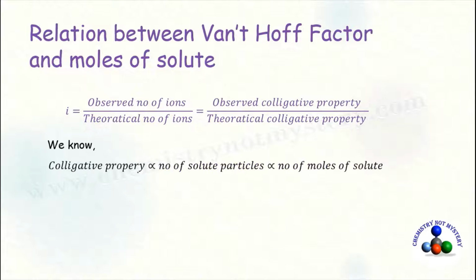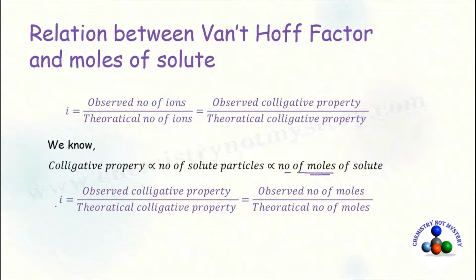We know colligative property is directly proportional to the number of solute particles. Hence, it is directly proportional to the number of moles of solute particles. So we can write Van't Hoff factor i is equal to observed colligative property divided by theoretical colligative property.